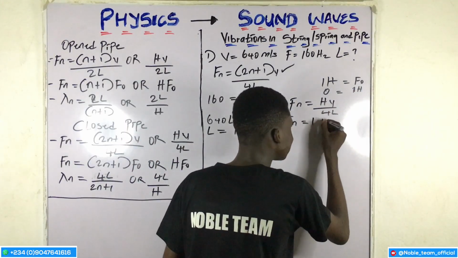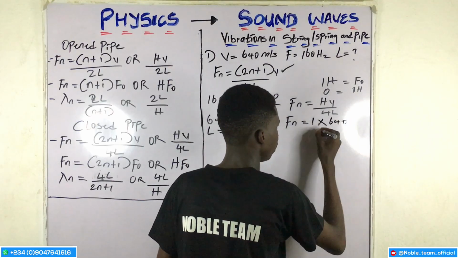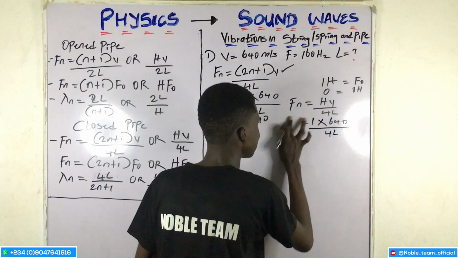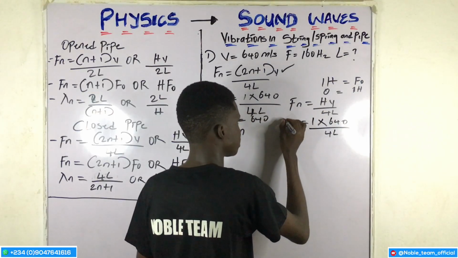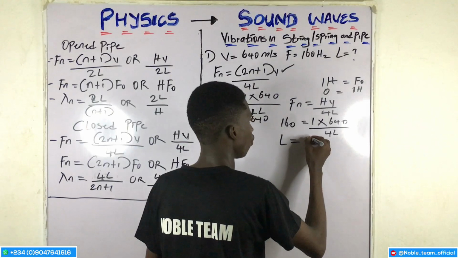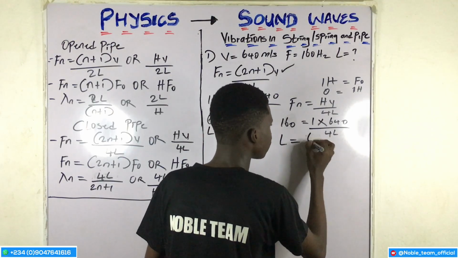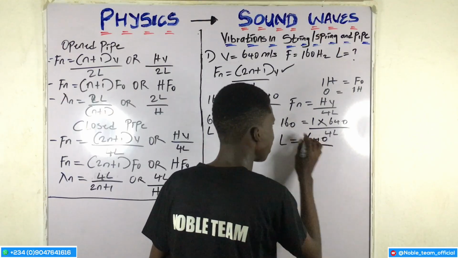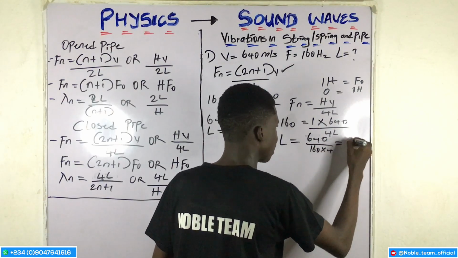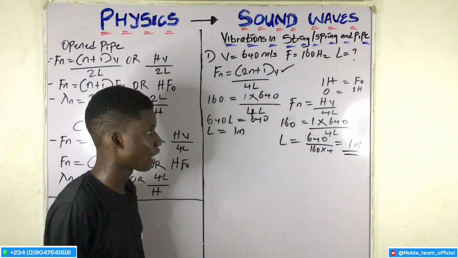So 1 times 640, divided by 4l, and this is equal to 160. My L is equal to 640 divided by 160 times 4, which is equivalent to 1 meter. Okay, good. And this is your final answer.